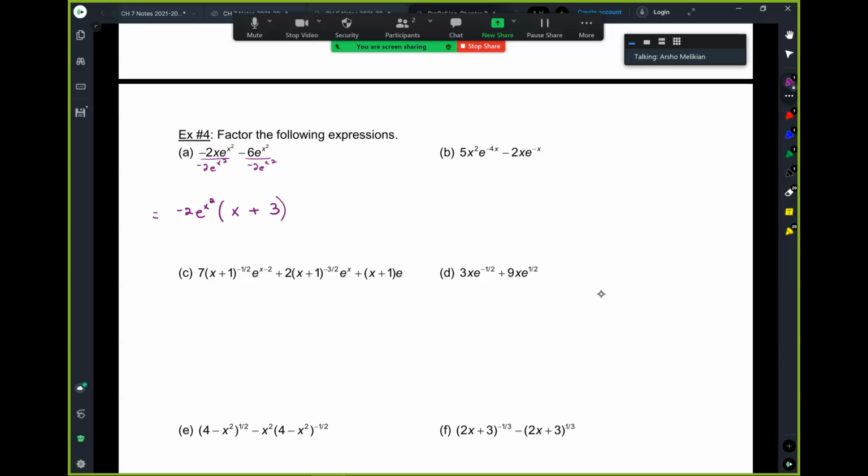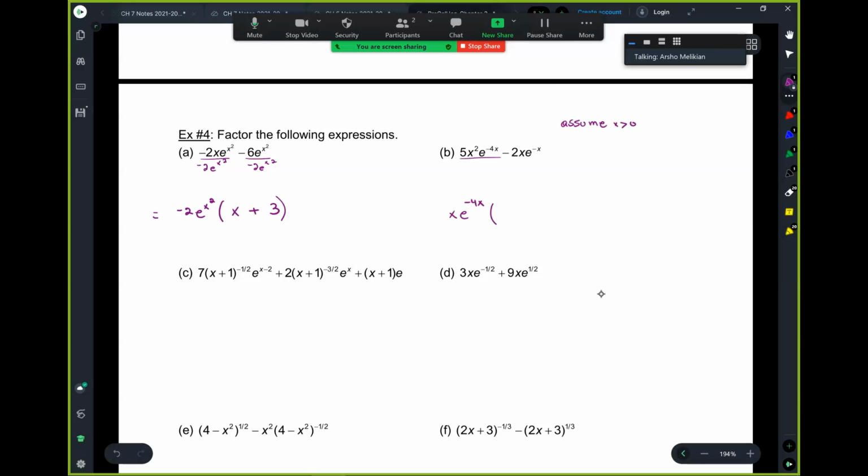Okay? All right. So here, we're going to assume x is positive, right, for the next one. So between the x's, we can factor out an x. Here I have e to the -4x, e to the -x. So if x was a positive number, which of those would be the smaller, the -4x or the -x? The -4x, right? So I'm going to factor out the -4x. Okay? So assume x is greater than 0.